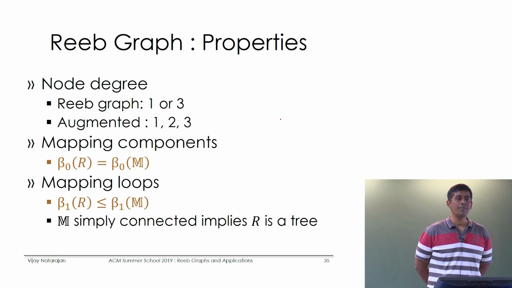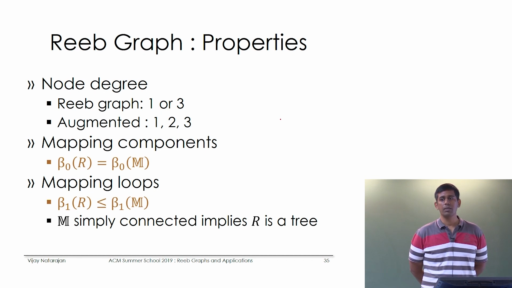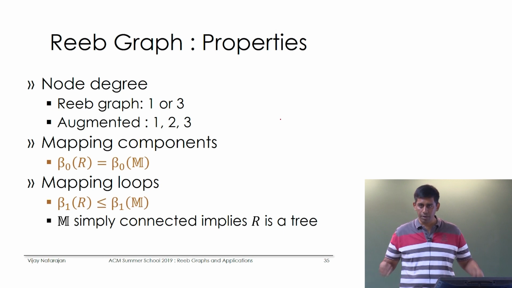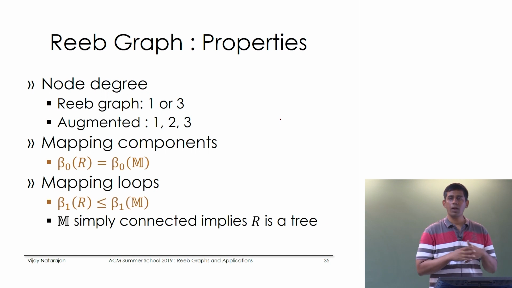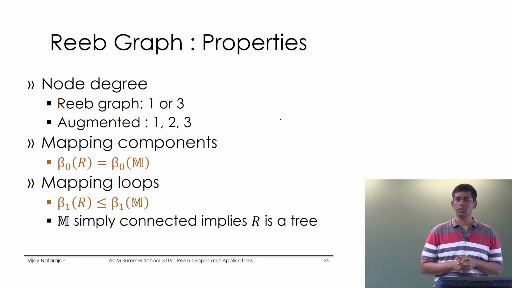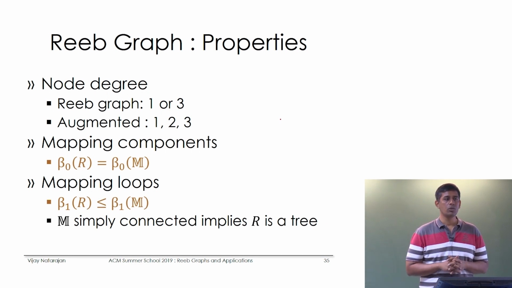The saddles will have degree 3 because the number of components either decreases by 1. So, 2 components merge into 1 or 1 splits into 2. So, in either case the degree is 3, right, and there are no other nodes in the Reeb graph. So, this is a graph with node degree either 1 or 3.